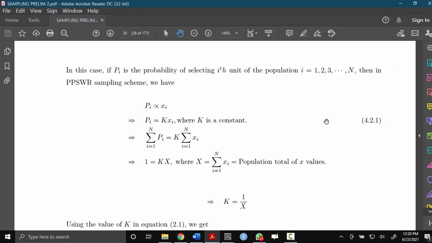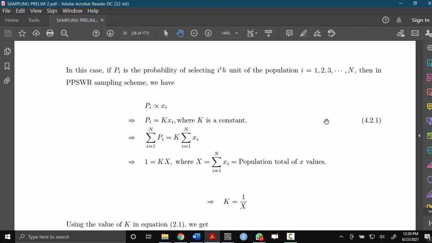With replacement means once we select any unit at a draw, it is replaced again into the population before the next drawing is made. So that means the total number of units available for selection before each draw remains the same from draw to draw.